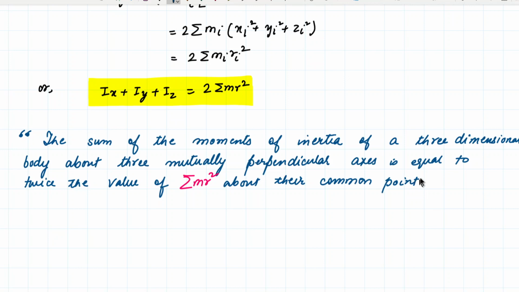So r is measured from the origin, which is the point of intersection of the three mutually perpendicular axes. Okay, so this is the perpendicular axis theorem for a three-dimensional body.